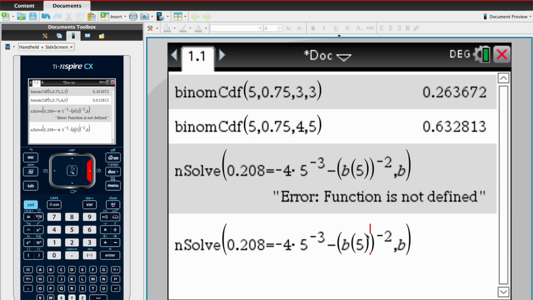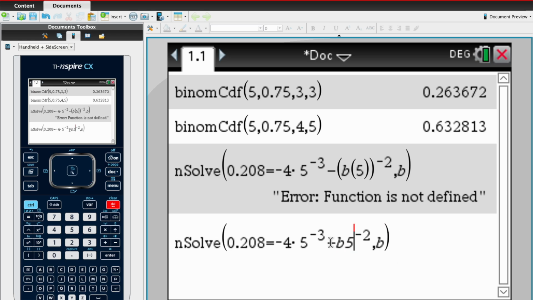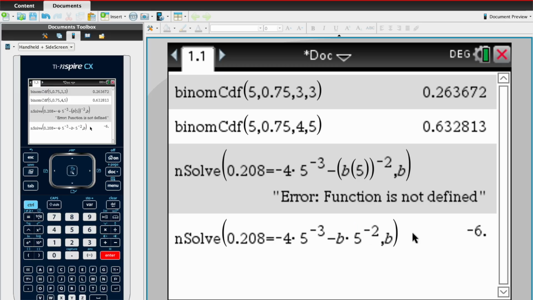As it is right now, we would raise this whole thing to the power of negative 2, which we don't want to do. We just want to raise this 5 to the negative 2, and we want to have this multiplied. So this looks a little better. Good, and this should work. There it is, negative 6. Okay, so b itself would have to be equal to negative 6 to make this statement true.